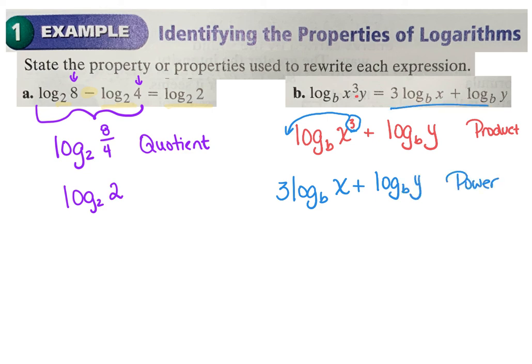Power property. They're just using the properties to rewrite it. We're not solving anything, we're just rewriting them. Either they're rewriting them from expanded form down to 1, or they're rewriting them from 1 to expanded form. It can happen both ways. All right.